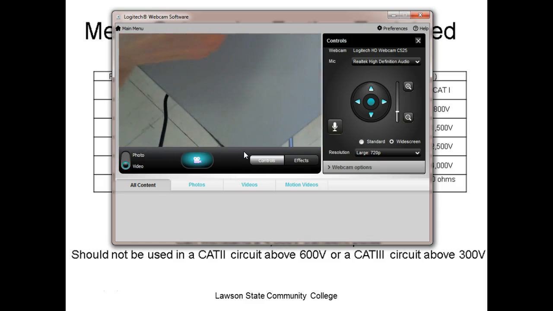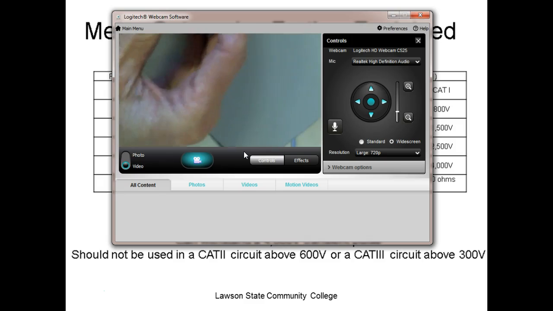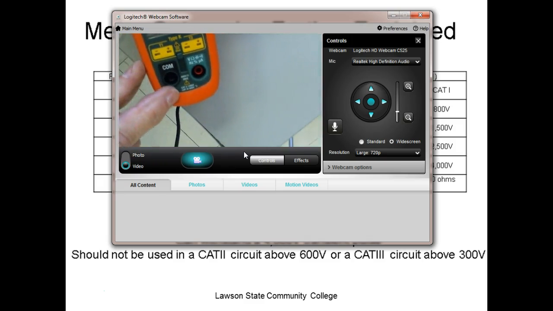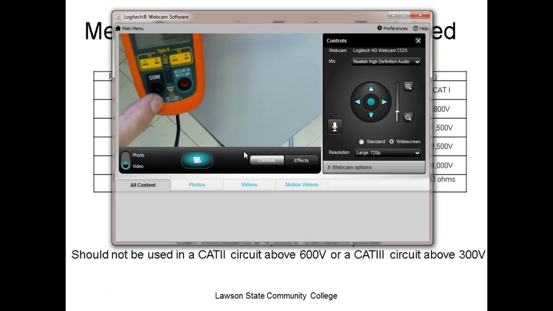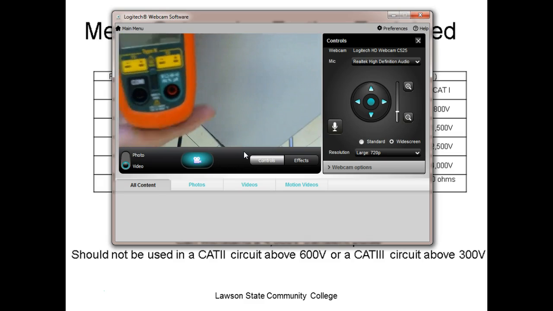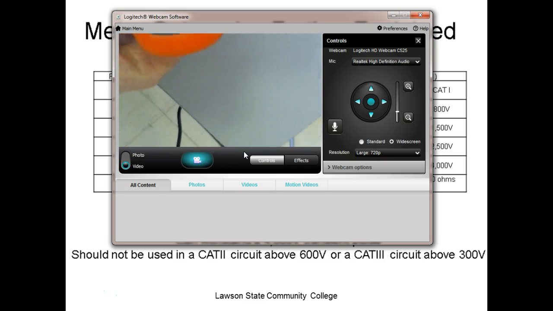So here's this one, if I can find my camera. So if it focuses in, there it is right there. So this guy right here is a Cat 2 1,000 volt meter, Cat 3 600 volt meter. I don't know if it'll focus or not. It's my glasses.